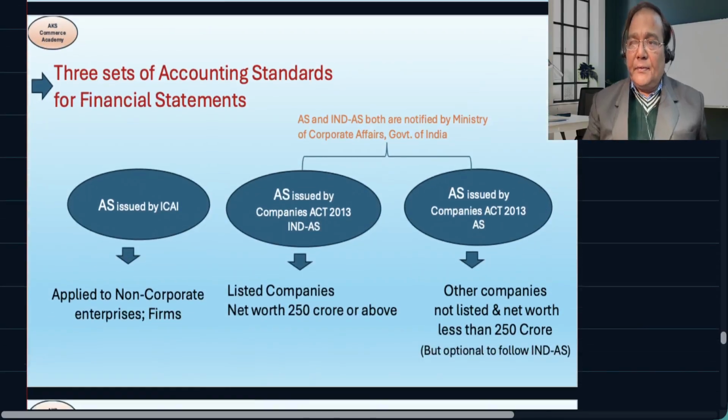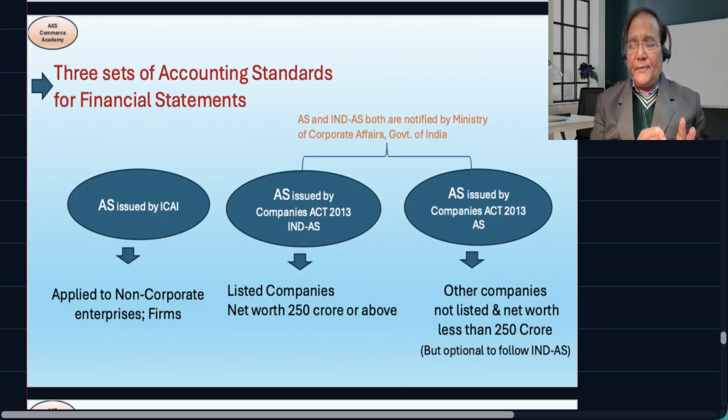Now, let us have this understanding thoroughly, because I would expect all of you to pay attention to this part alongside the subsequent pages. There are three sets of accounting standards for financial statements in India. Three categories. First, AS issued by ICAI, the Institute of Chartered Accountants of India. That is one.